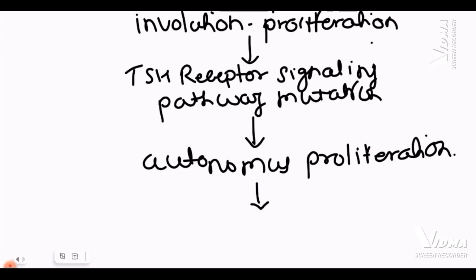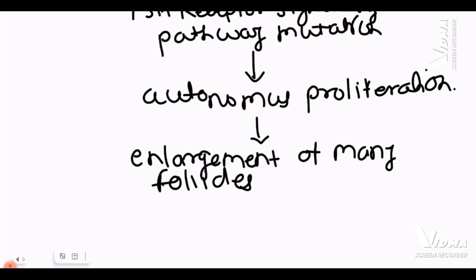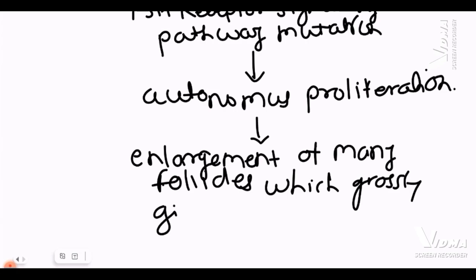Autonomous proliferation of follicles leads to enlargement of many follicles, which grossly gives rise to MNG, multinodular goiter.